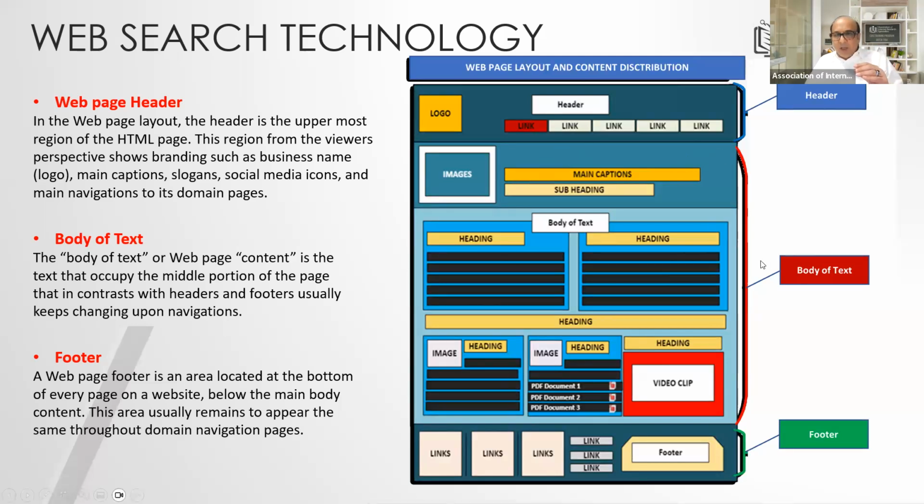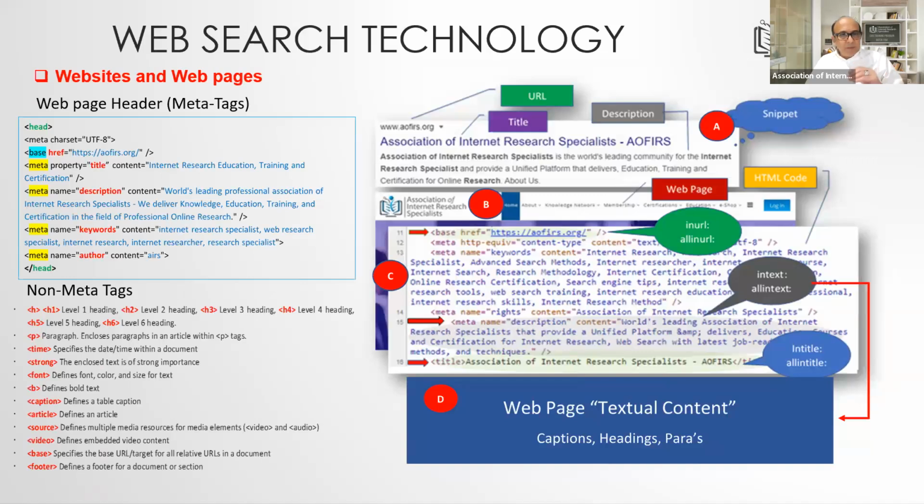So let's look at what the body of text has as non-meta tags. Okay. So in the body of text, you have non-meta tags right here that are H1, H2, which is heading. So the search engine collects the heading and gives them more importance.